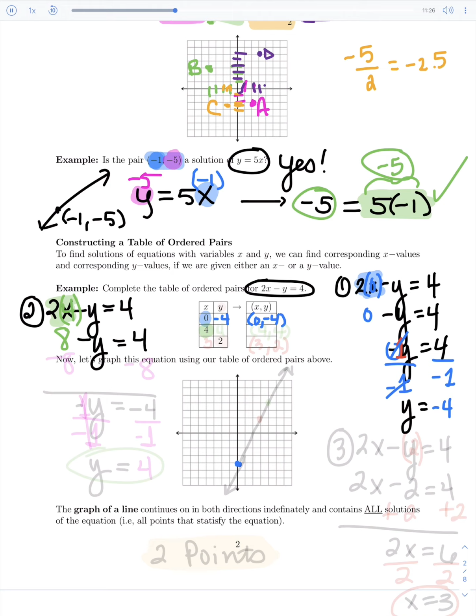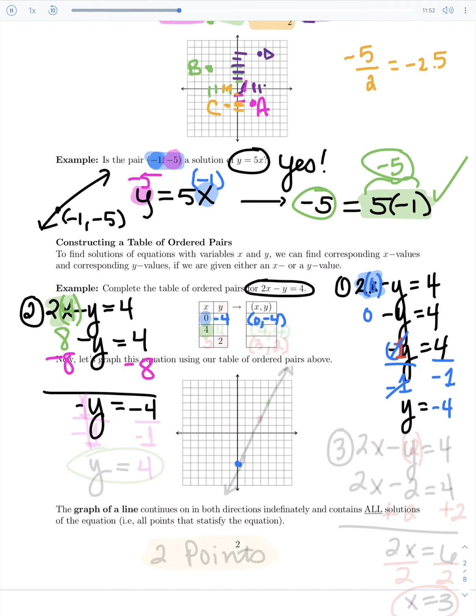However, I can solve for y by getting rid of the 8. How do I get rid of the 8? Well, I can subtract 8 from both sides. Be careful, there is still a negative in front of my y. And on the right-hand side, I've got 4 minus 8, which gives me a negative 4. Now the question is, how do I get rid of that negative?